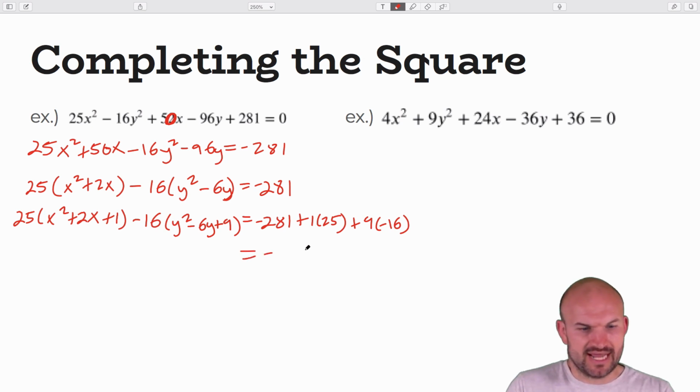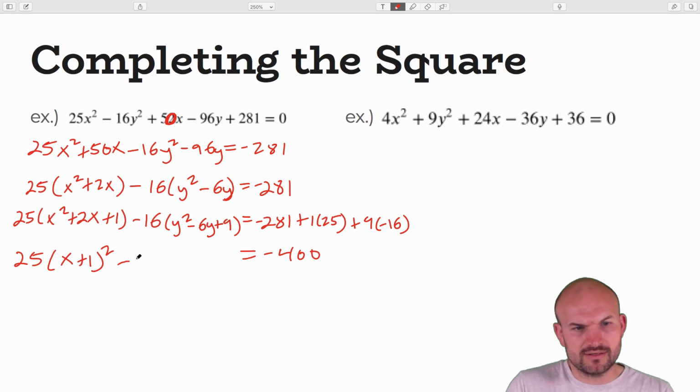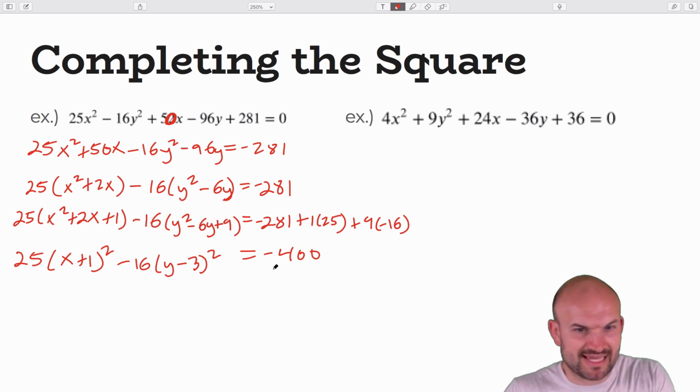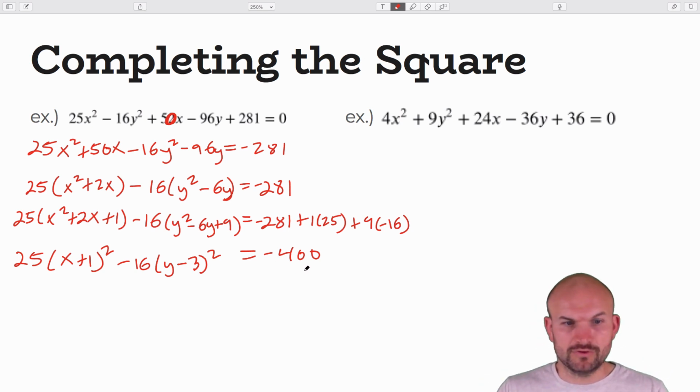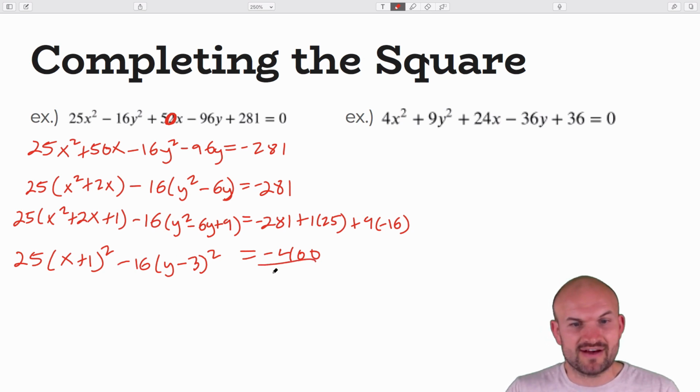So that becomes a negative 400. And therefore this becomes a 25 times x plus 1 quantity squared minus a 16 times y minus 3 quantity squared. Now again, my whole goal here is to make this a positive 1, right? If you look at the general form for my parabolas, again, if this is going to be negative, it needs to be a negative 1. So I'm going to divide everything by negative 400.